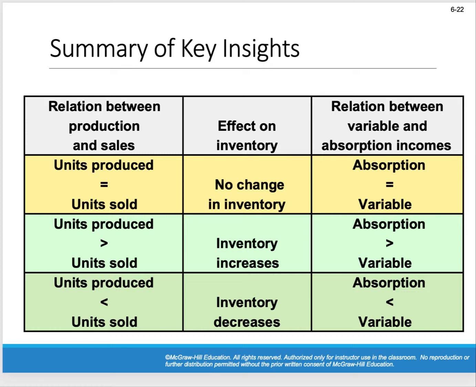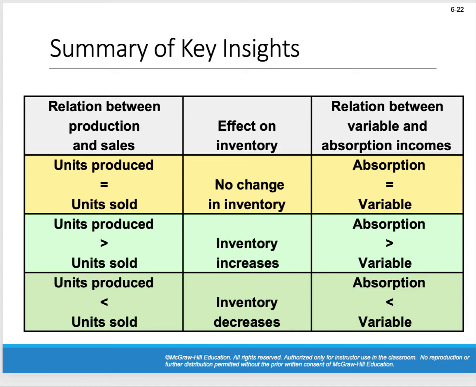If the units produced equal the units sold, meaning we produce 20,000 units and we sell 20,000 units, we have absolutely no change in inventory, meaning there's no effect on inventory. Whatever we make, we turn around and sell. Under that scenario, there should be no difference between absorption costing and variable costing.